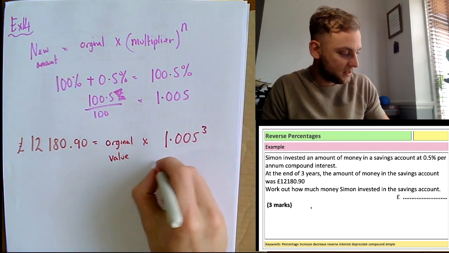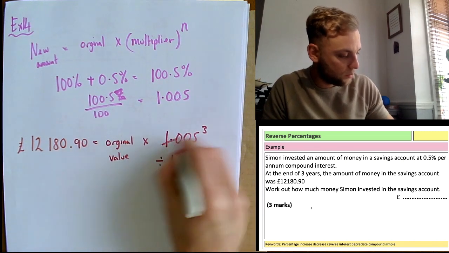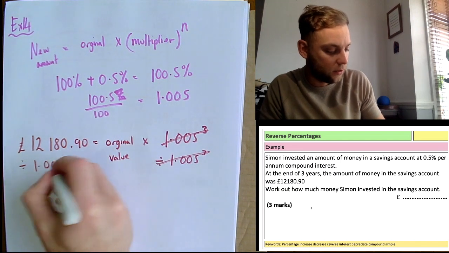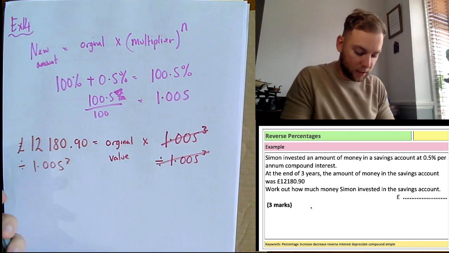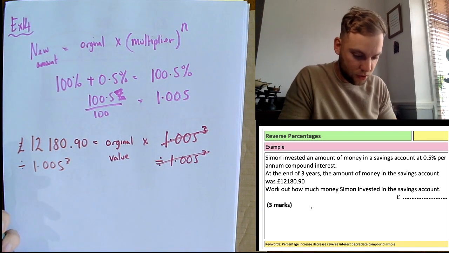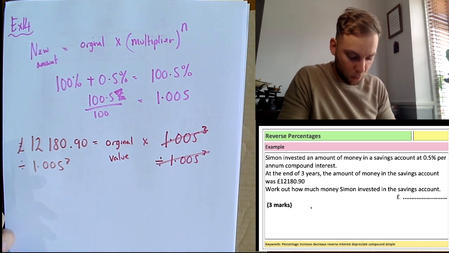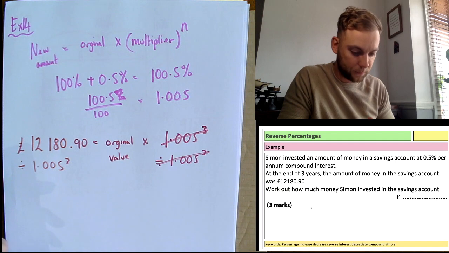So it's going to be divide by 1.005 to the power of 3, which will get rid of that, and I'm dividing this side by 1.005 to the power of 3. So to find out my original value, I'm doing 12,180.90 divided by 1.005 to the power of 3.